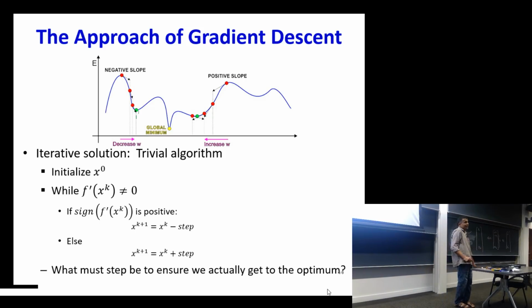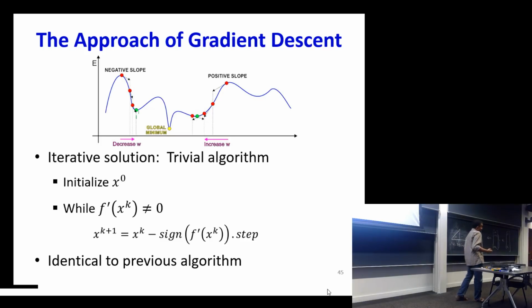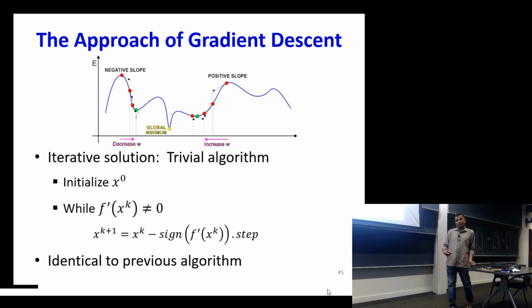Now I can rewrite it differently. Instead of using an if clause, I can just multiply by the sign of the derivative. And it's the same thing. So if the derivative is positive, I'm taking a step backwards. If the derivative is negative, the sign of the derivative is negative, minus, and minus is plus, I'm taking a step forwards. So this is still the same equation, same algorithm.